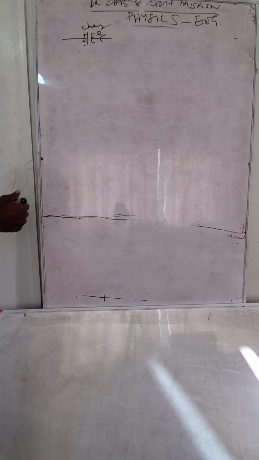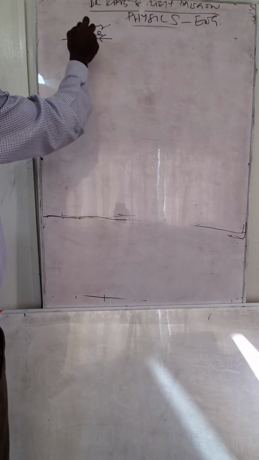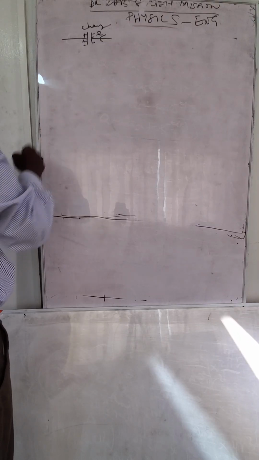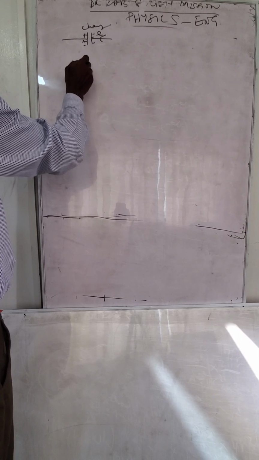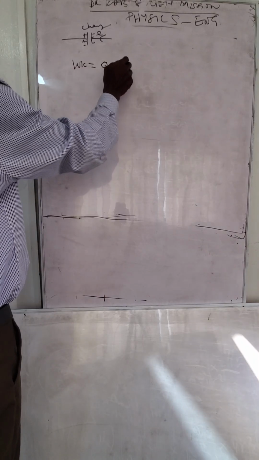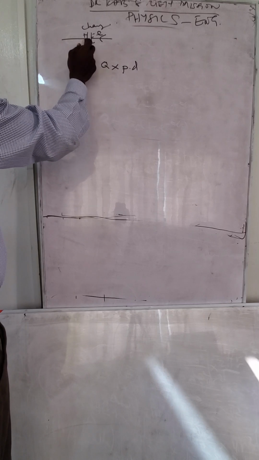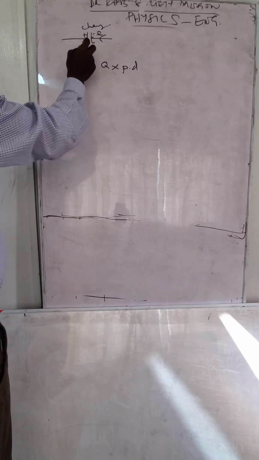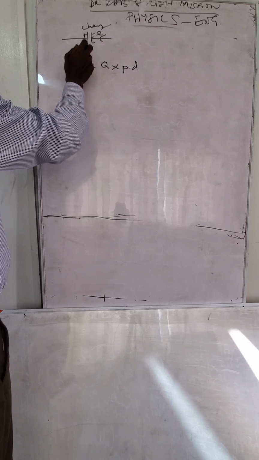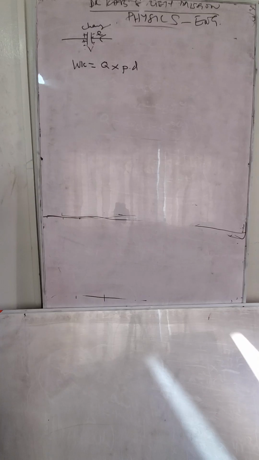So what's the energy? Now, electrical energy, if you are looking at this electrostatic arrangement, the work done is equal to your charge times the potential difference. The charge moving across times the potential difference.